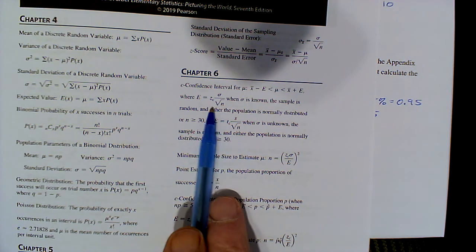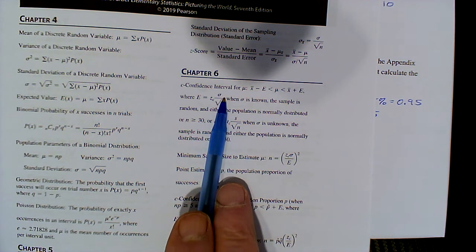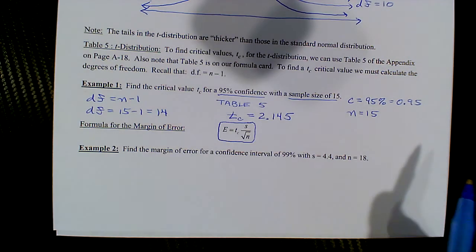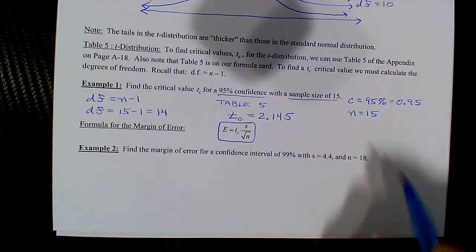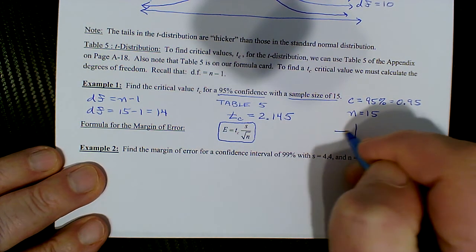And again, just notice that z sub c is replaced by t sub c and sigma is replaced by s.